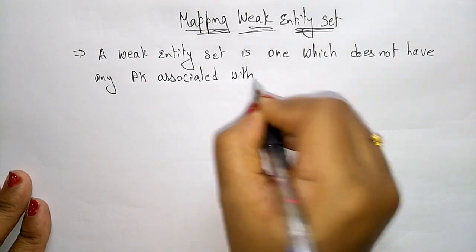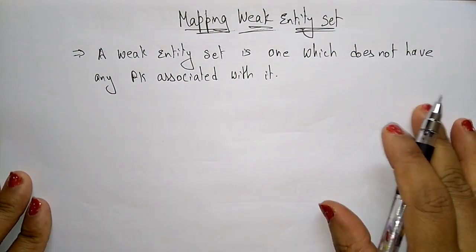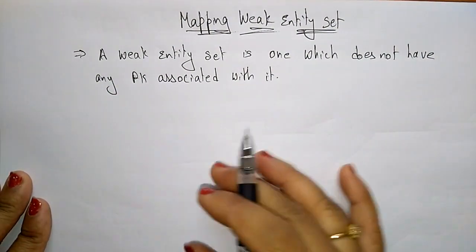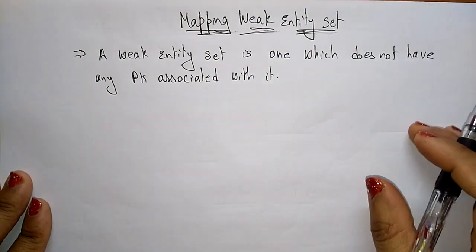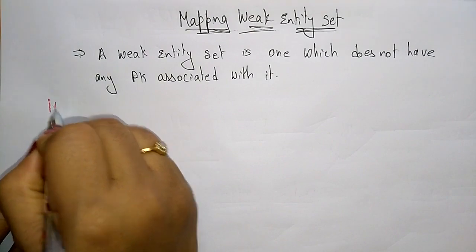So a weak entity means that in that entity, no field is associated with a primary key. In that case you call it a weak entity set. So let us see the mapping process for this weak entity set.